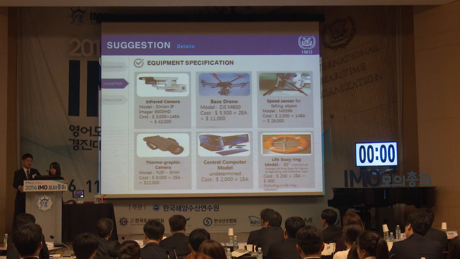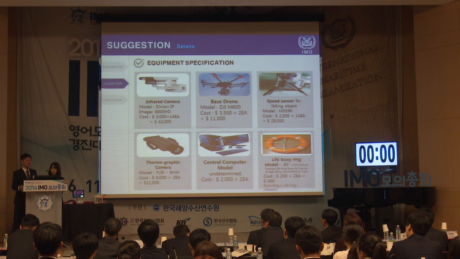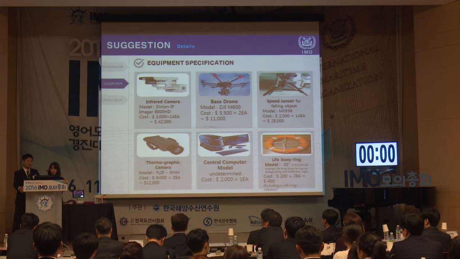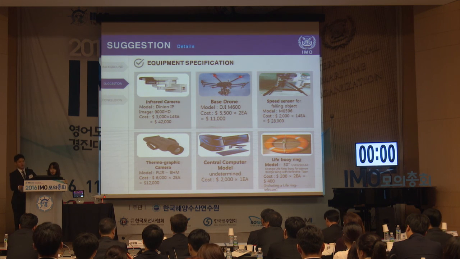Actually, at the first step, we came to think about using just one drone. But what if that is not in use? What if it is out of order? So at least we are insisting that at least two drones should be used. And even if we have two drones, one drone can be out of order.